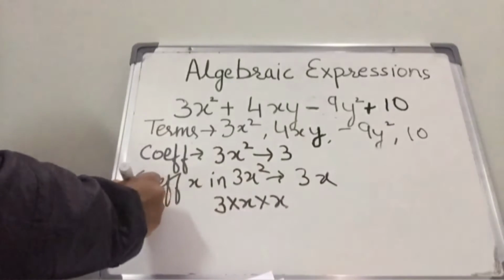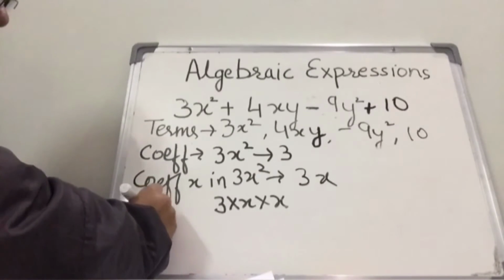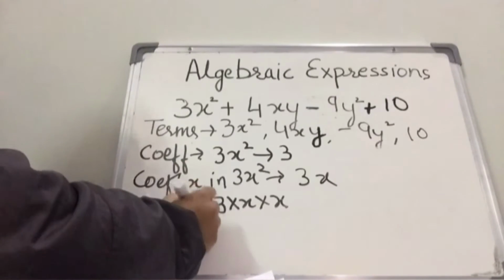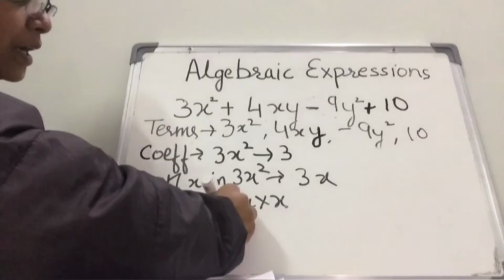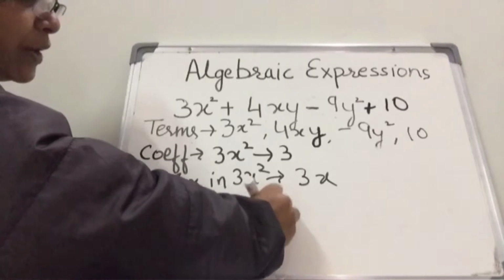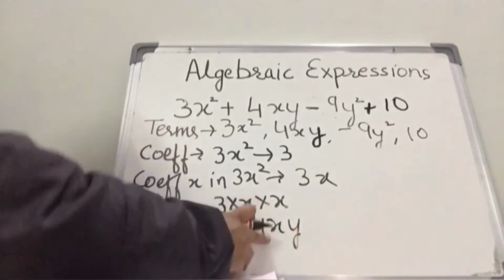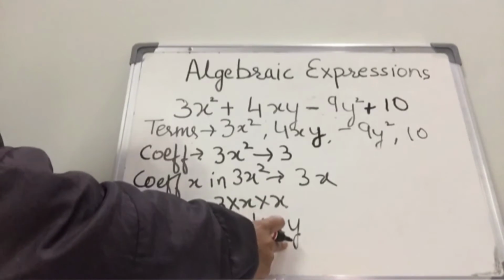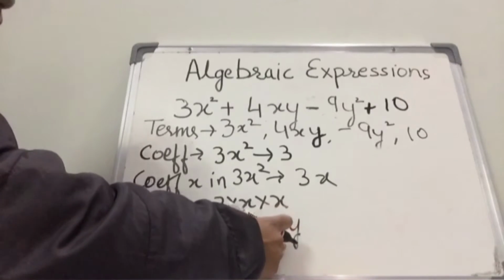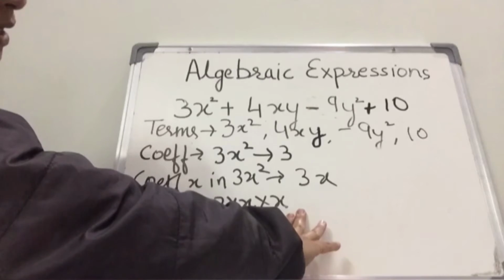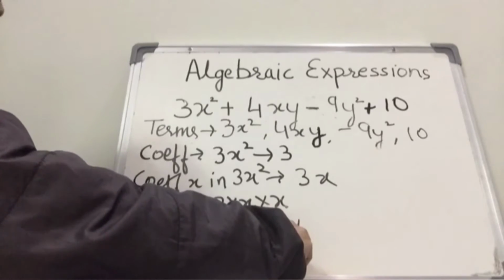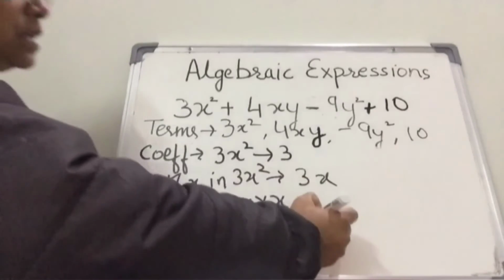Similarly, in the second term, suppose we have to find the coefficient of y in 4xy. We know that the factors of 4xy are 4, x and y. We'll hide this y, and the remaining factors except y will be the coefficient of y in this expression.